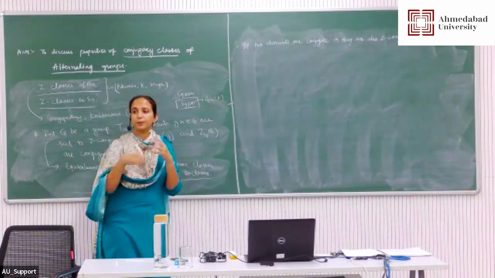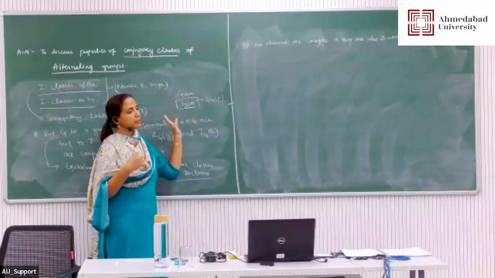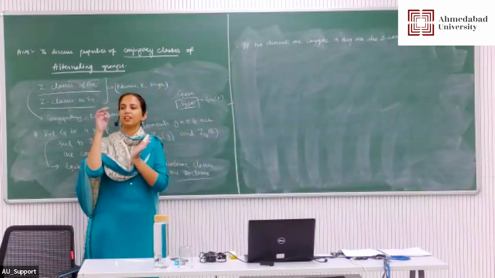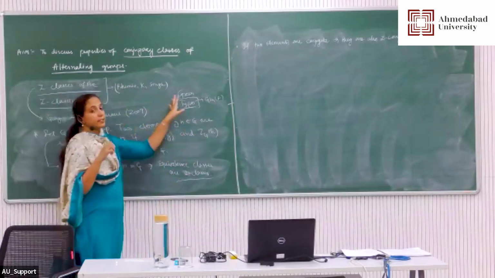Basically, those four types are Z classes. Similarly, when we study the representation theory of GL_n(F_q), the representations can also be divided into these four types, and those four types are nothing but Z classes.